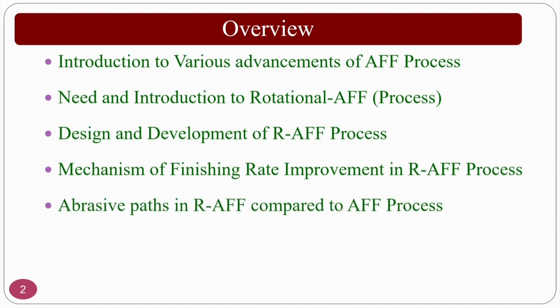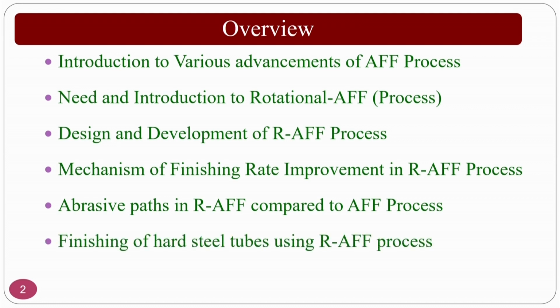Abrasive paths: if you are giving different rotational speeds, how the path will change, and the finishing of hard tubes also we will see. Initially we will see the flat surfaces, then we move on to the cylindrical surfaces.